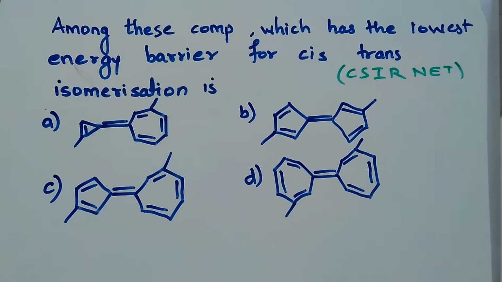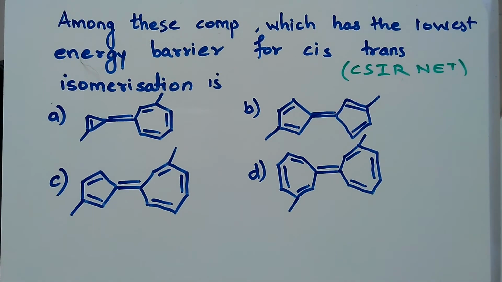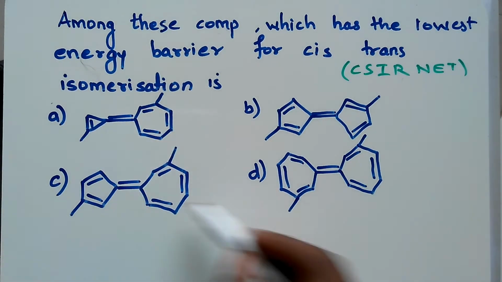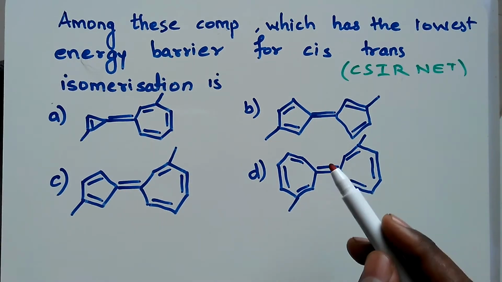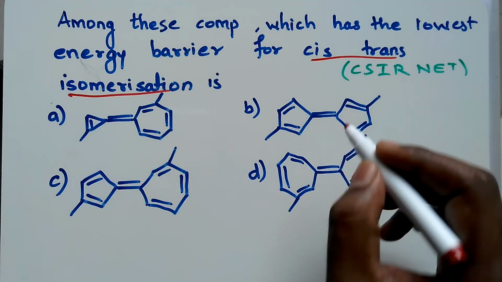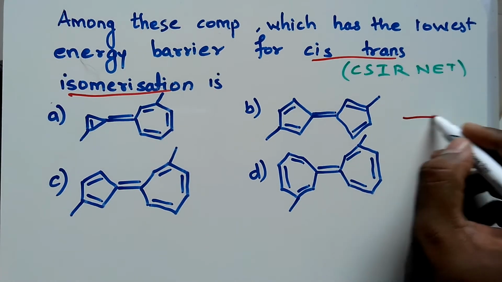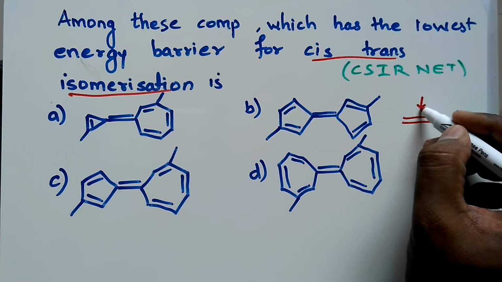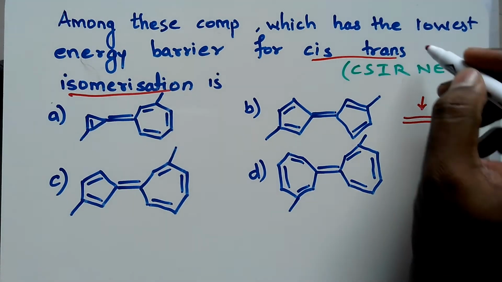Regarding this question, it has appeared in the NET exam. Among these compounds, which has the lowest energy barrier for cis-trans isomerization? Now for cis-trans isomerization, if the double bond is permanent, then cis-trans isomerization will not happen.